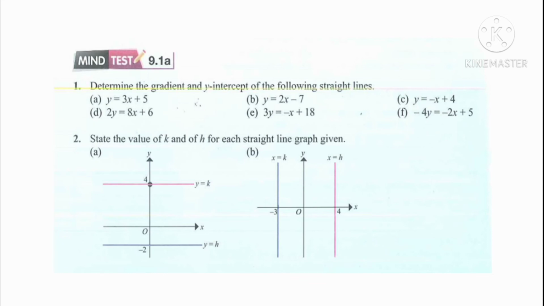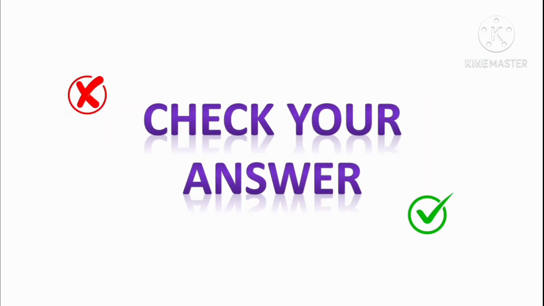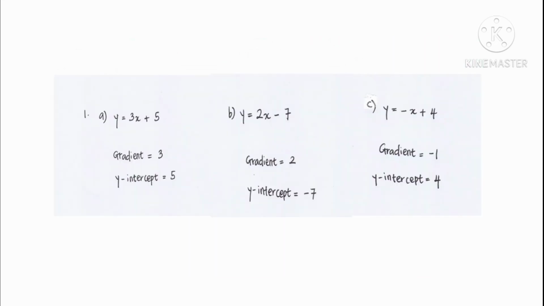Alright, class. Are you done with your exercises? It's quite easy, right? So let us check the answer together. So for number 1, A, the question given here is y equal to 3x plus 5, where the gradient is 3 and the y-intercept is 5.